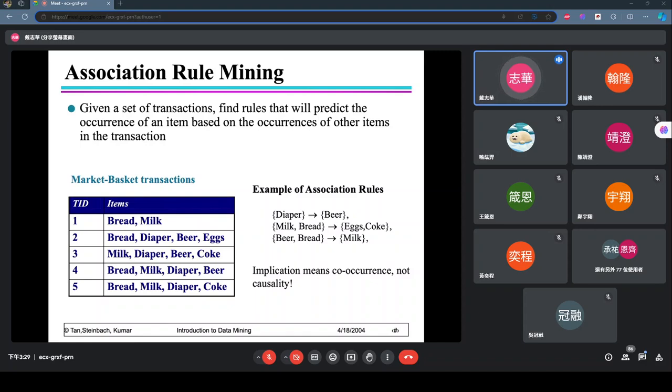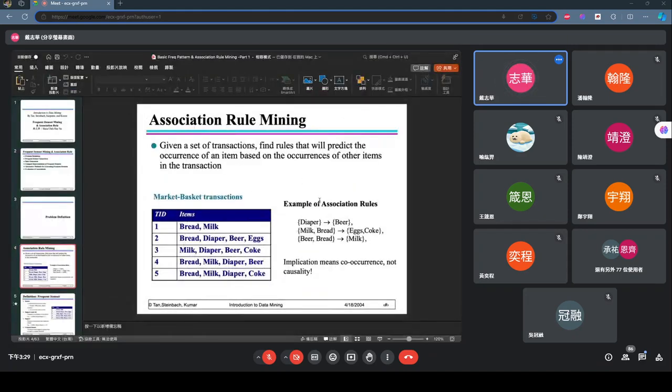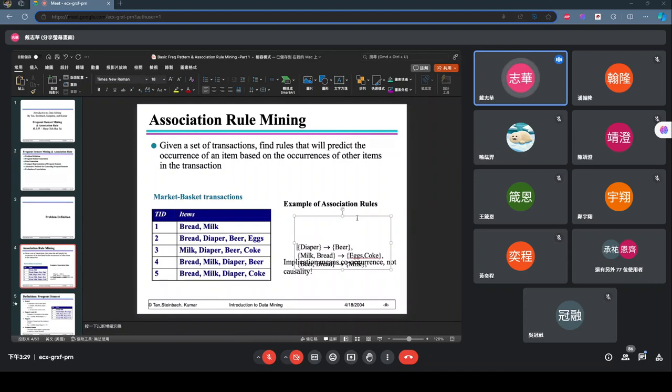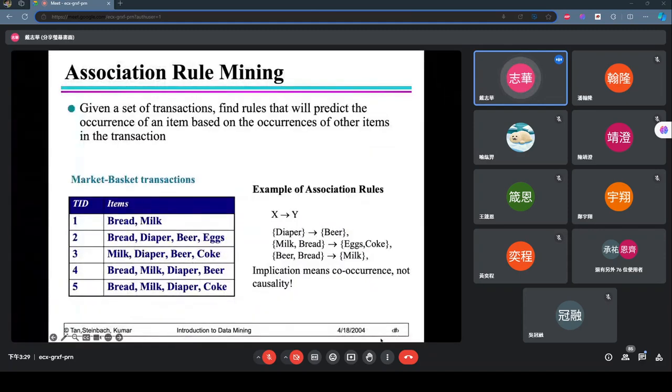And the association rule wants to discover, as we just introduced, rules in the form of X implies Y. X could be an item set containing single or multiple items.